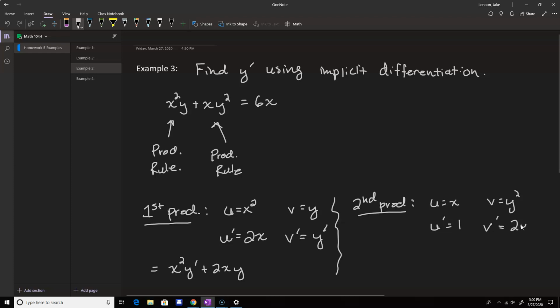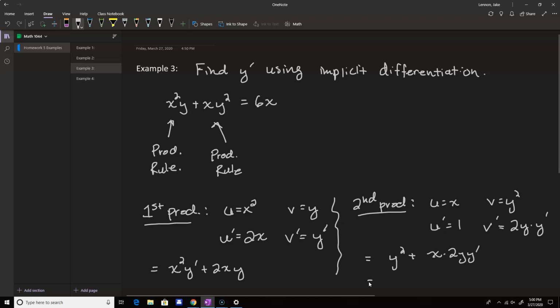So we're going to write this as 2 times y, the normal derivative, but then again I multiply by a y prime. So my second product rule gives me u prime times v, which is just y squared, and then I add that to u times v prime, so that's x times 2y y prime.